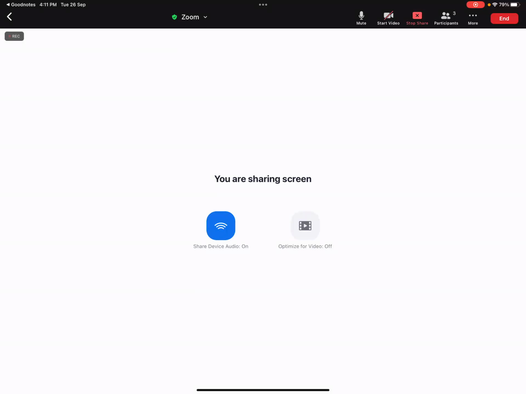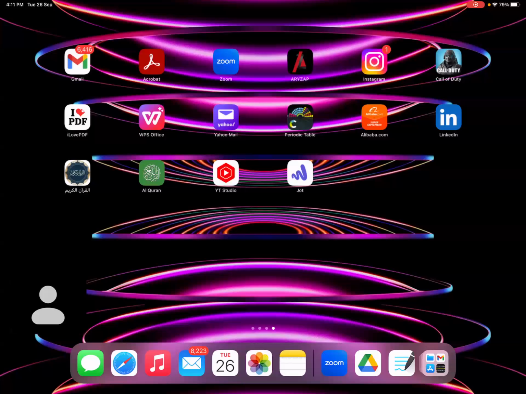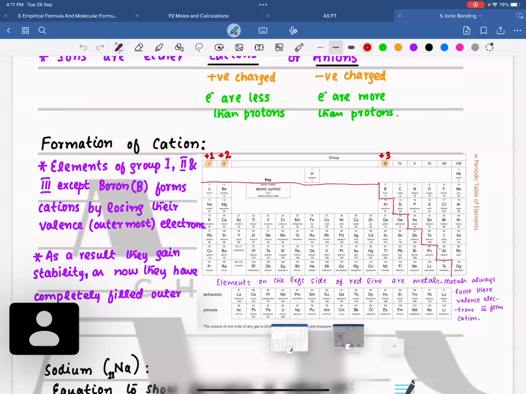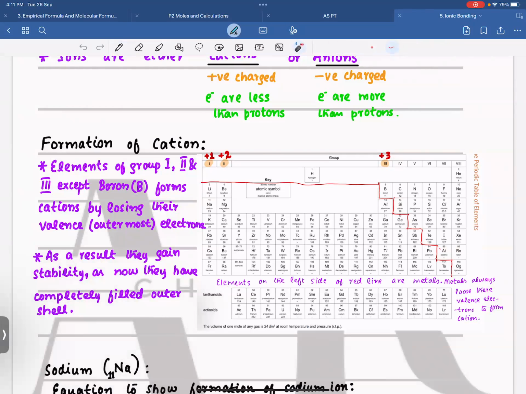We have ended our previous class on formation of cations, and we discussed that the group 1 elements, the group 2 elements and the group 3 metals, in these metals, boron, the first element of group 3, is not included, lose their valence shell electron and become a cation.